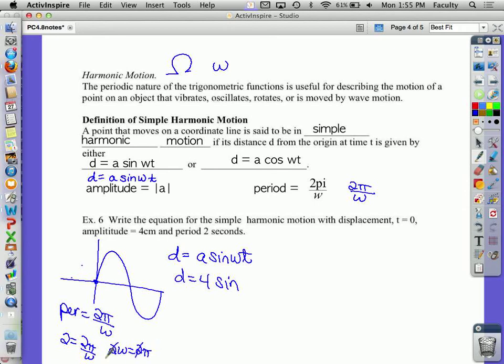The 2's will cancel, so the omega is equal to pi. So it's going to be pi t. That's all you were asked to do, was write the equation. Something I want to mention, though, just so that we have it, is frequency is 1 over the period length. Okay, we'll need that in the next problem.